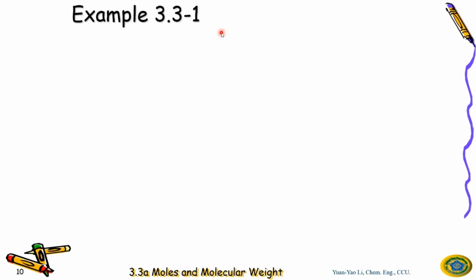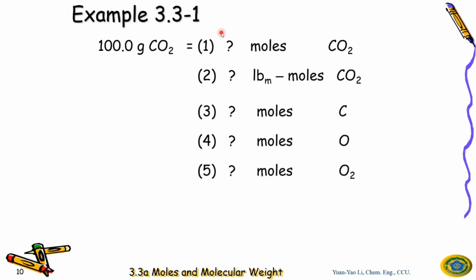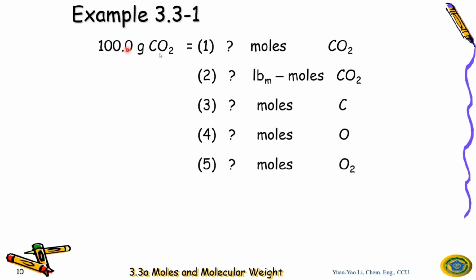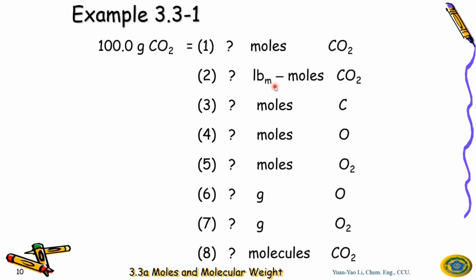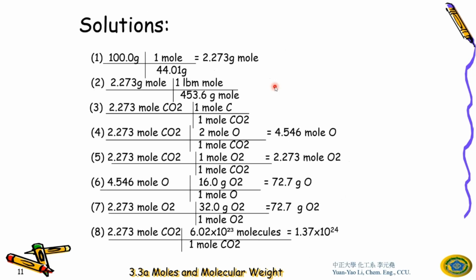So this is an example. Very easy, so I don't want to waste your time. If you have 100 grams of carbon dioxide, how many pound moles of carbon dioxide is that? You just put the conversion factor in, and you will get an answer. Again, please do the calculation by yourself. Okay, this is the answer.